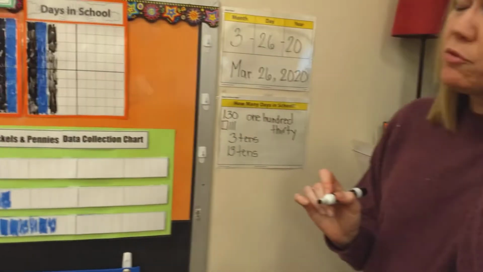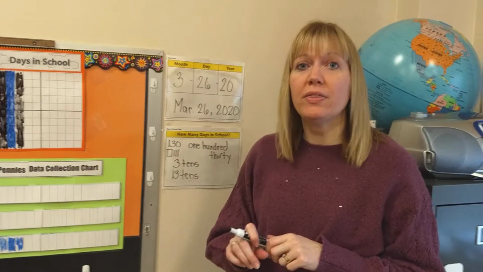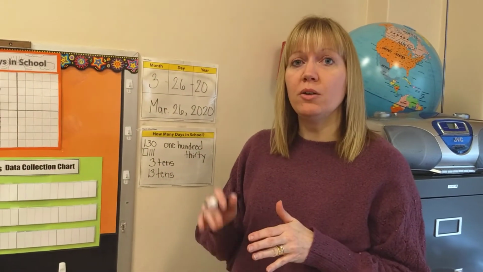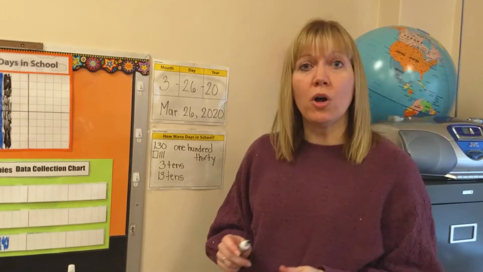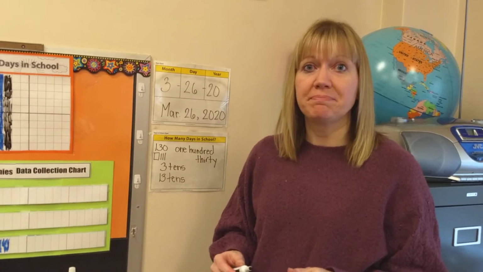So for your assignment for today, boys and girls, I'd like you to write the numbers 100 through 130 on a piece of paper and then show it to mom and dad and see if you wrote all of your numbers correctly. Thank you for joining us for today's Number Corner.